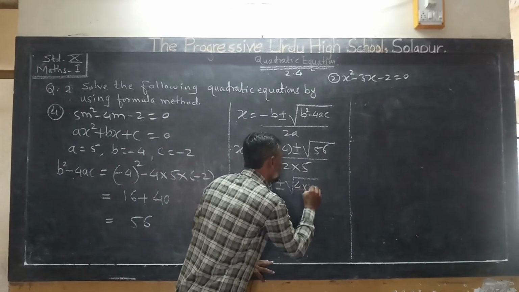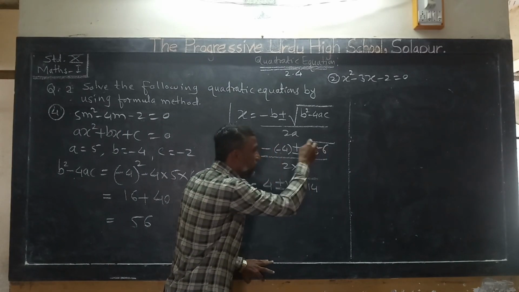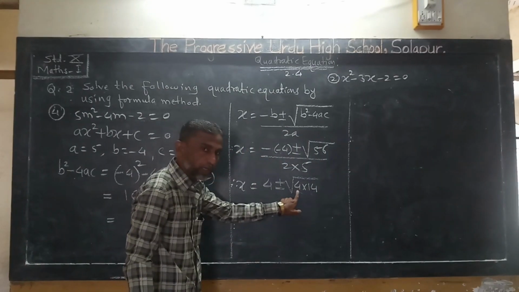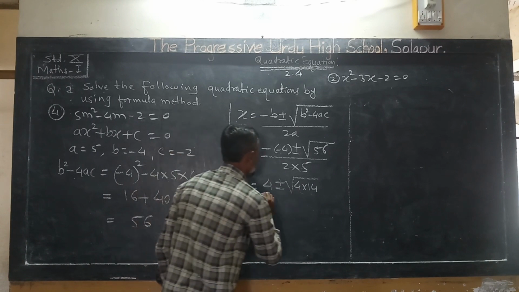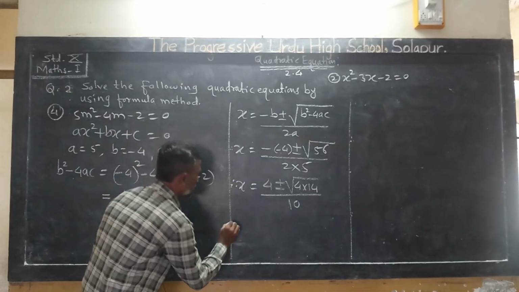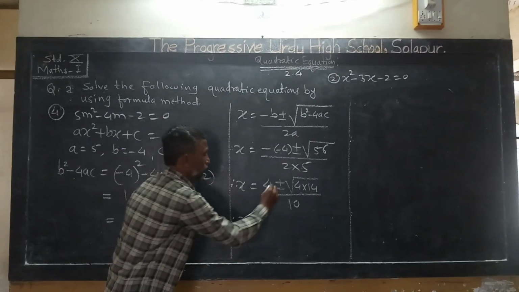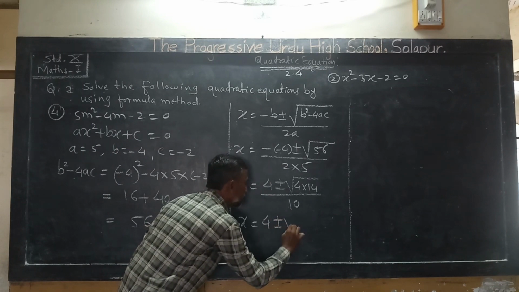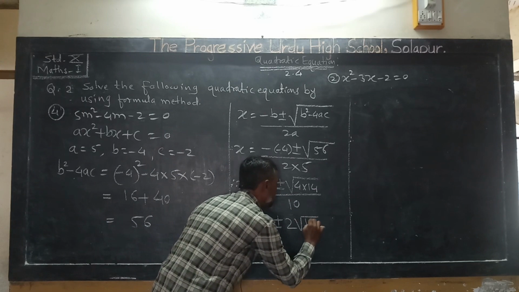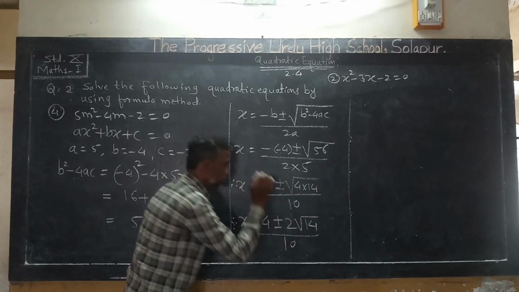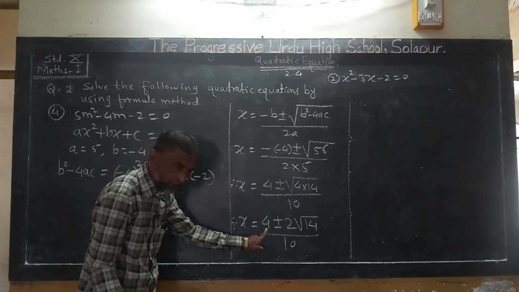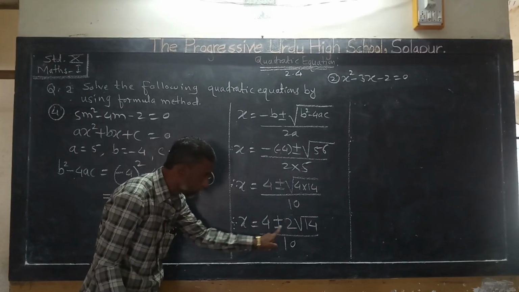4 into 14, 14 4s are 56, because 4 is a complete square number, upon 5 2s are 10. Therefore, x is equal to 4 plus minus, take the square root of 4 first, which is 2, under root 14 will remain, upon 10. Next, again if you observe, we can take 2 common.